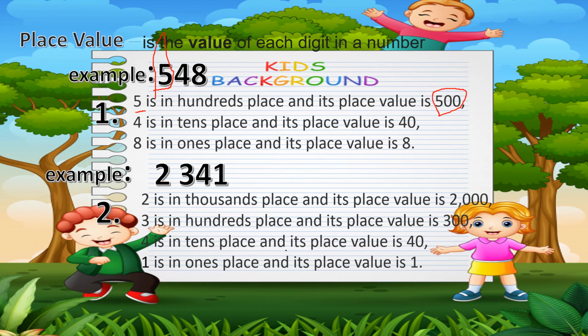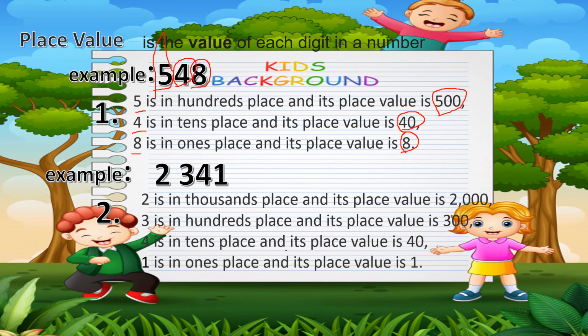Okay, what is the value of 5? It is 500. Now we have here 4. 4 is in the tens place and its place value is 40. Are you following me? Now we have here 8. It is in the ones place and its place value is 8.